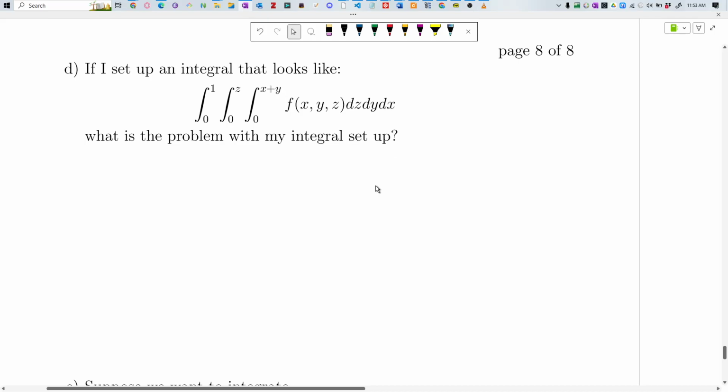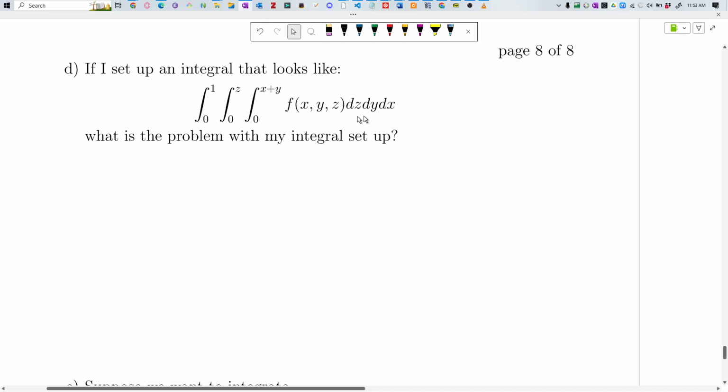Part D. If I set up this integral, what is the problem with the integral setup? Yeah, so notice that I'm not sure if this is ever possible, because z ends up depending on x and y.